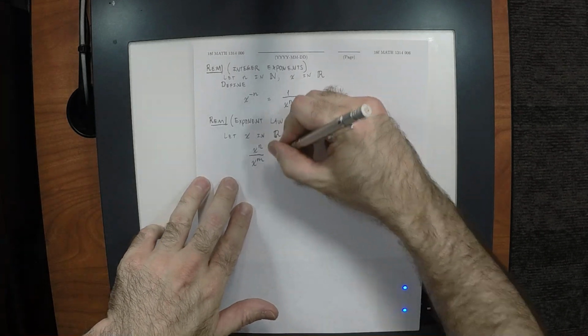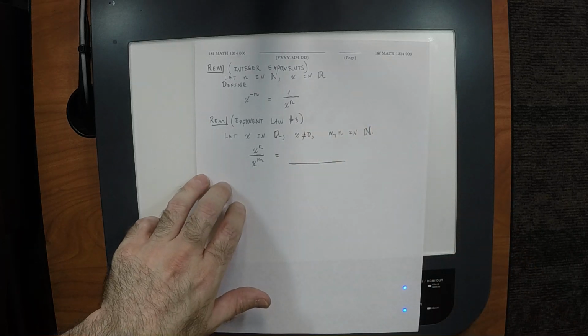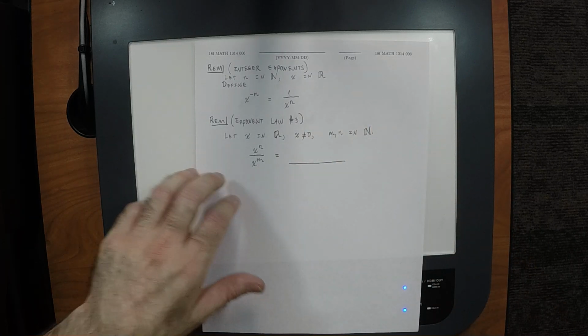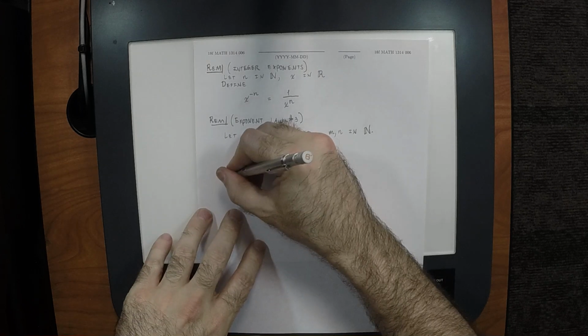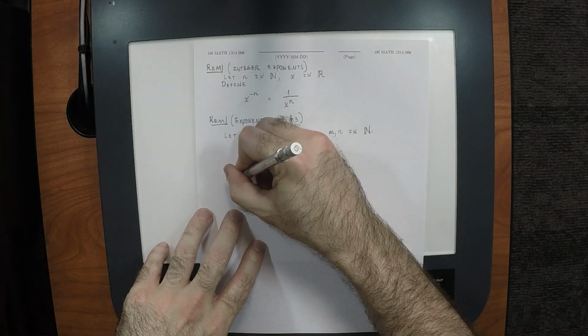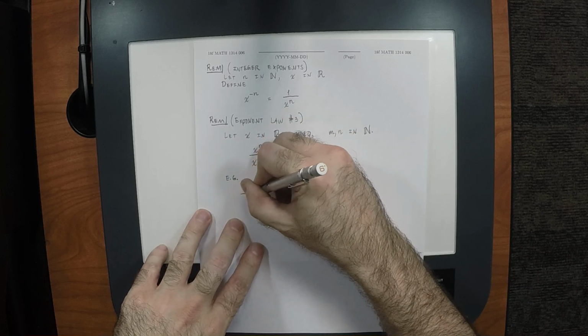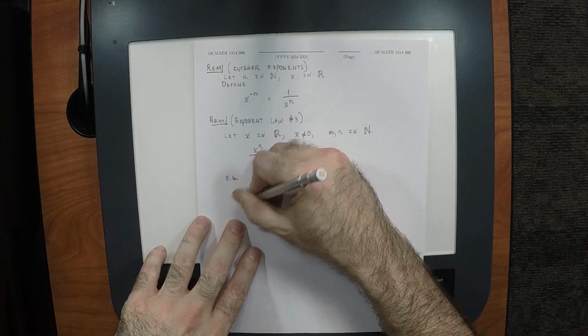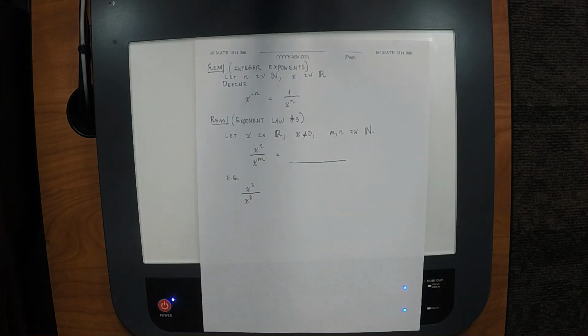And again, I'm going to leave myself a blank. And let's come to the answer by way of an example. So how about x cubed divided by x to 8? Well, we can only do what we know.